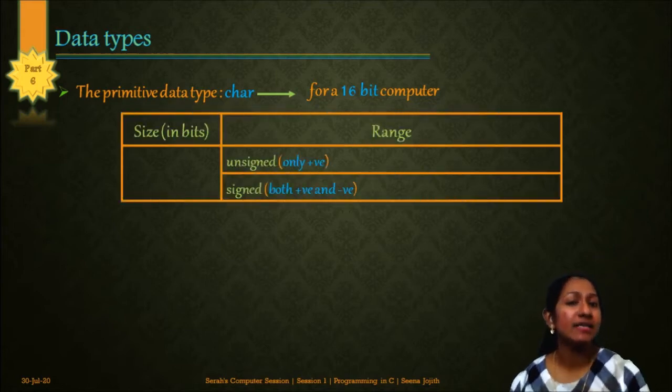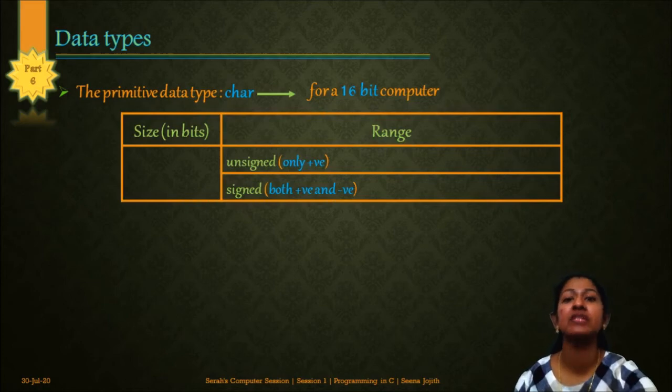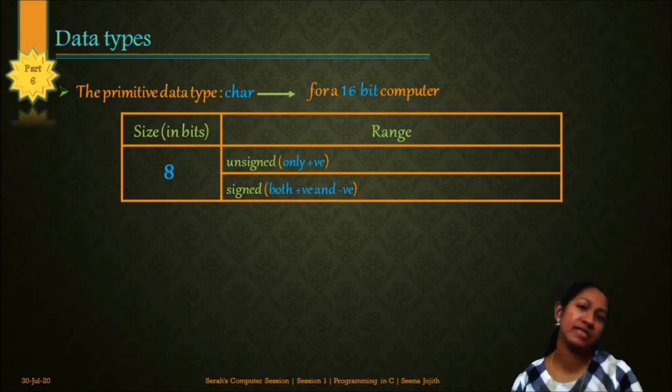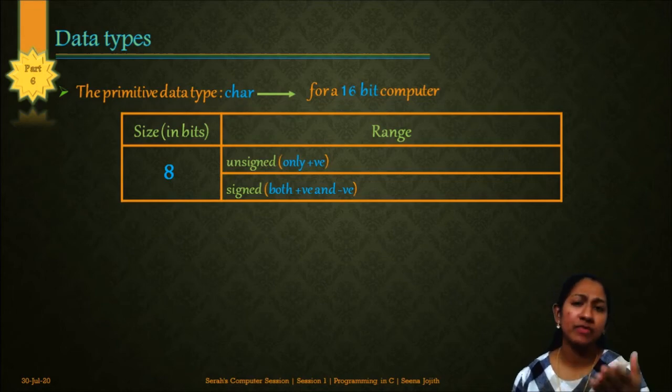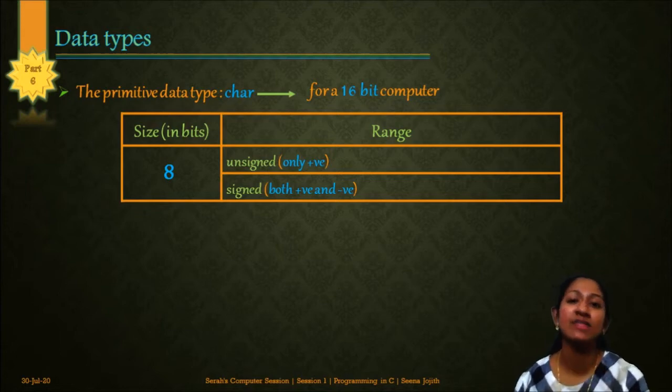The size allocated for a char data type for a 16-bit computer is 8 bits. Now see the table. You can see that there are two keywords included in the second column, the column of the range, and they are signed as well as unsigned. There I've written in brackets that unsigned is to consider only positive values and signed is to consider both positive and negative values.